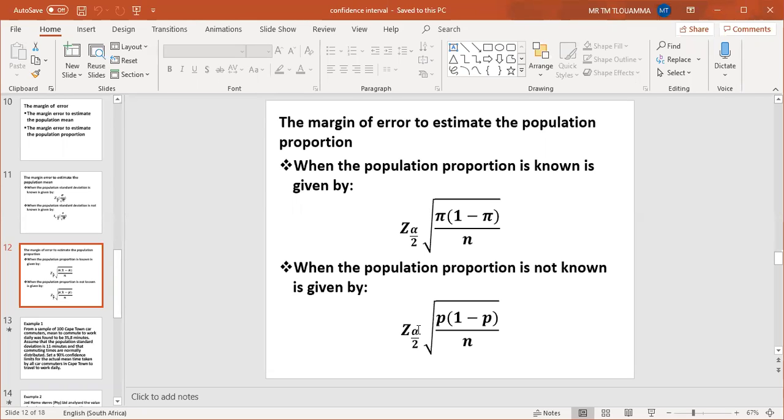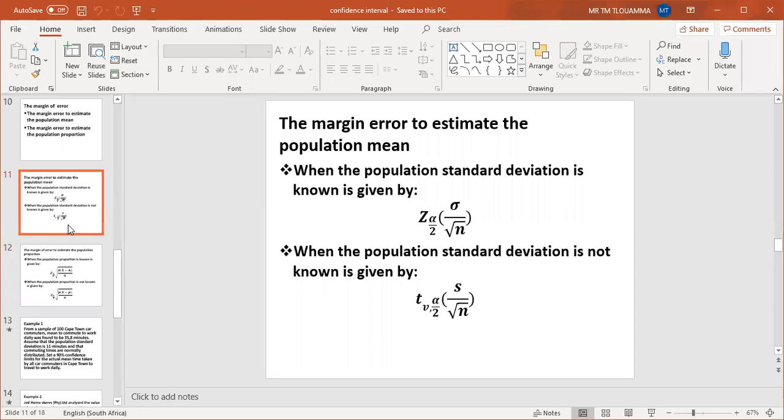Can you see the difference between the two? The margin of error to estimate the population mean and the margin of error to estimate the population proportion. These are the formulas we are going to use throughout, depending on the questions they ask you.